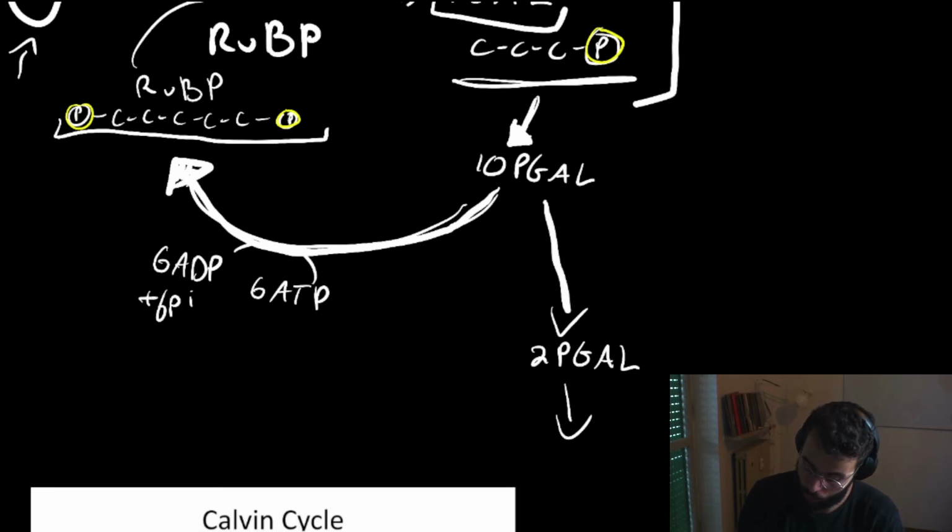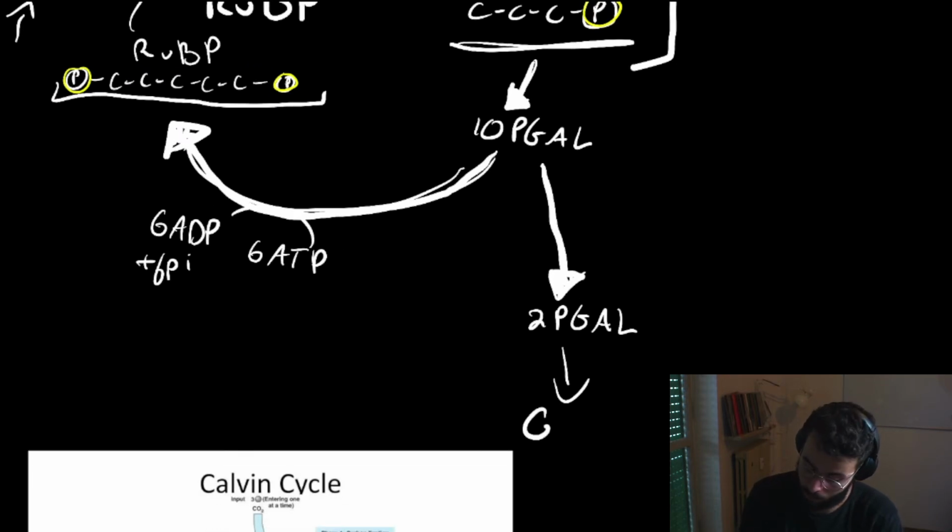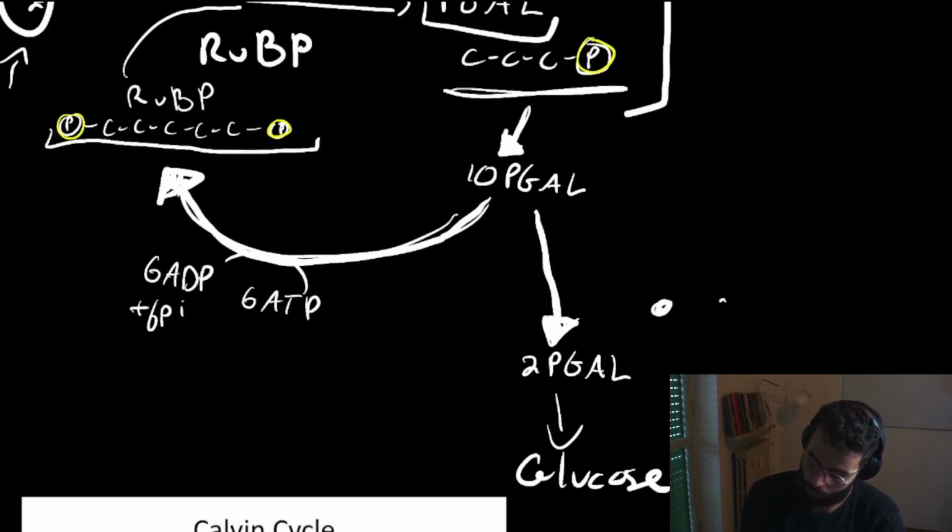We are going to take 2 molecules of pGAL, and we are going to combine them to create glucose. How can we combine them to create glucose? It's because pGAL is a 3-carbon molecule with a phosphate group on it. And as you remember, glucose is a 6-carbon molecule.